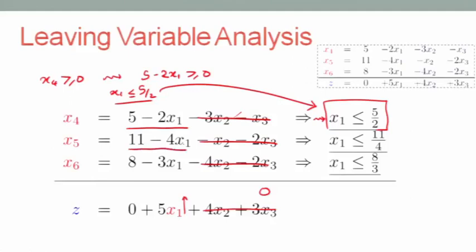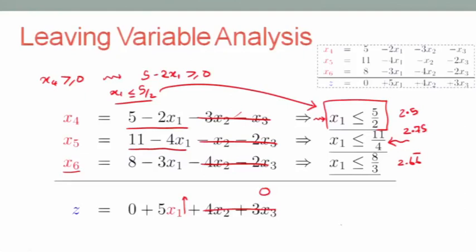Same analysis gets you x1 less than or equal to 11 by 4. So 5 by 2 is around 2.5. 11 by 4 is 2.75. Okay, 8 by 3 is 2.66 recurring.